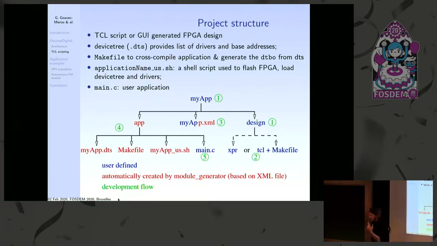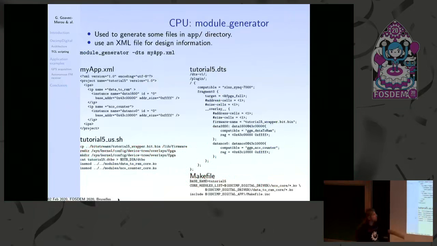This XML file is used by a tool to generate a template of the application. And the last thing for the user is just to create a C++ or Python file to configure everything in the FPGA. This set is generated by the module generator.